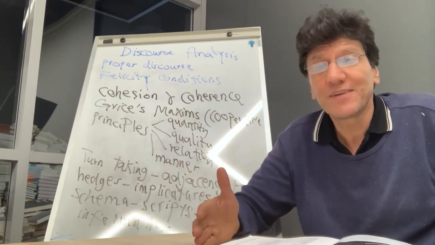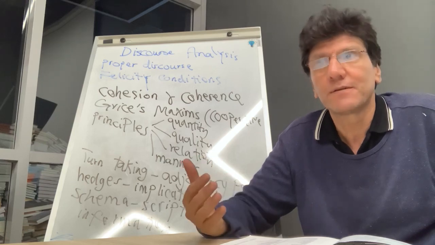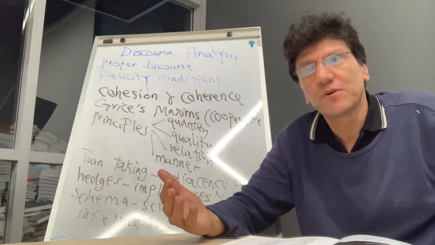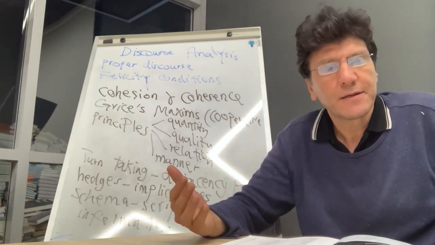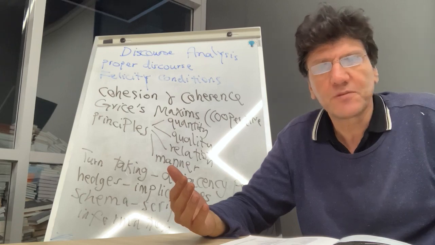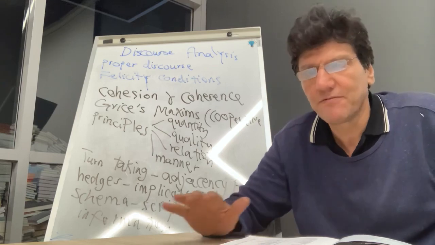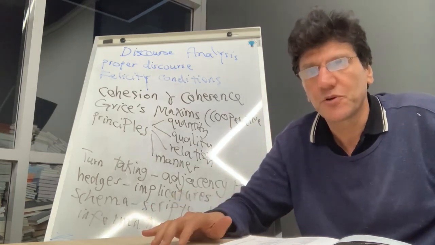And don't give scanty information. Some people do not like to provide enough information. For instance, I ask a student, where's the library? And the student just looks at me and says, okay, go straight, bye. This is not enough information. You have to be clear and provide enough information.